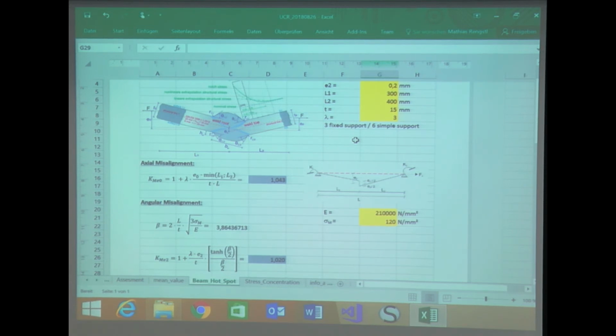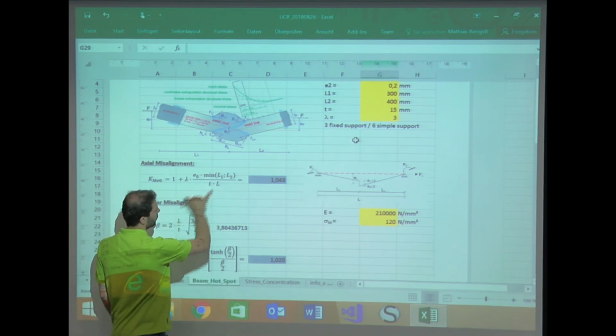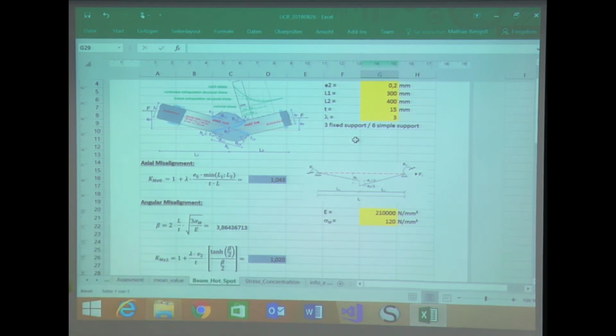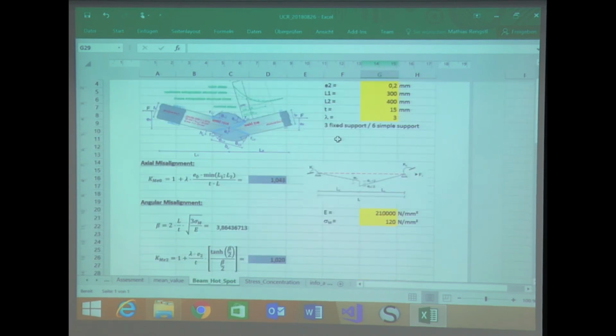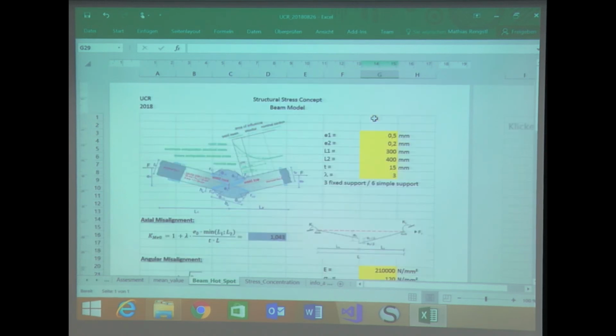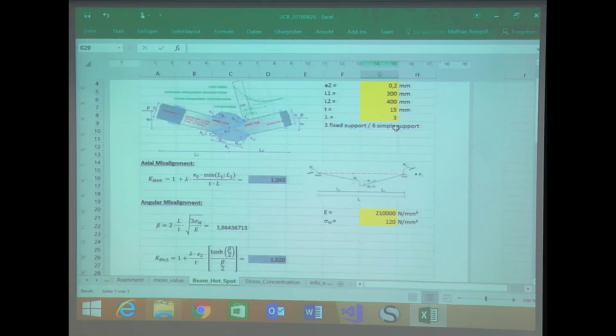And then this is just the increase due to our misalignments: 1 plus lambda times E0 times (M minus L1, L2) times T/L. Sorry, the E0 is here the E1, in case of questions. So for our system, as I have chosen here with a misalignment of 0.5, we have an increase of 1.04, which is not that much.